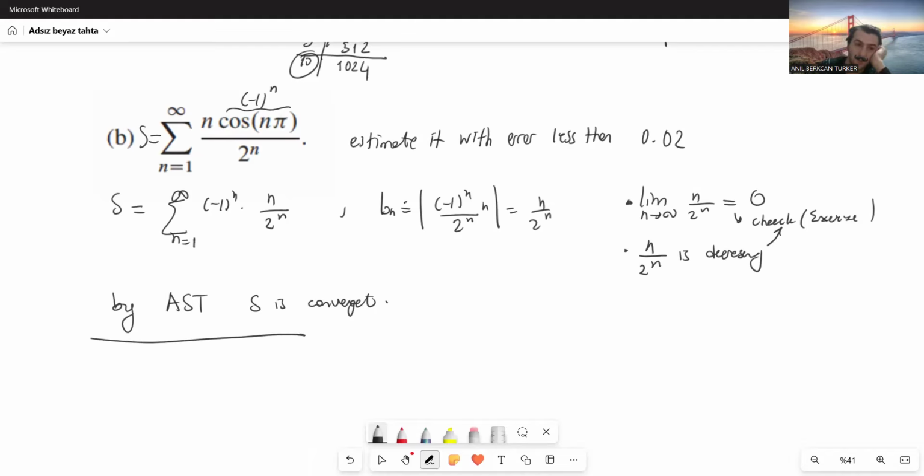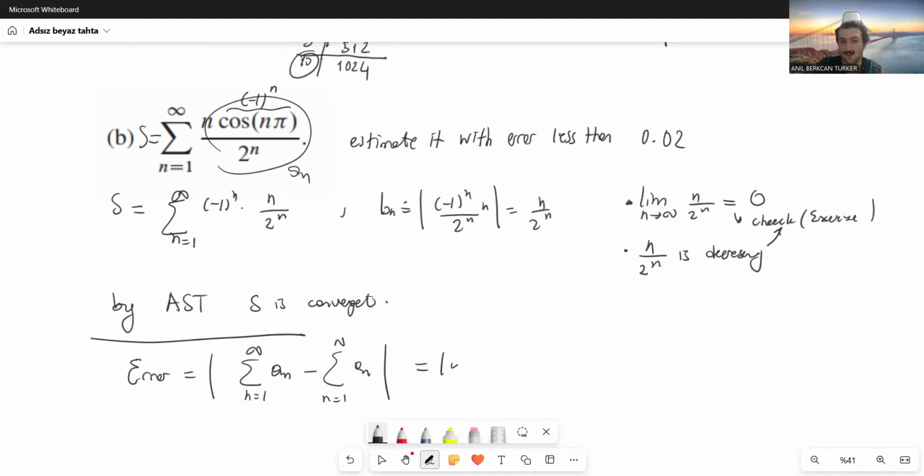Now, let us estimate. So what is my error? Error is just the sum from n equals 1 to infinity of a_n, minus the sum up to a bigger N, which is just less than a_(N+1), right?